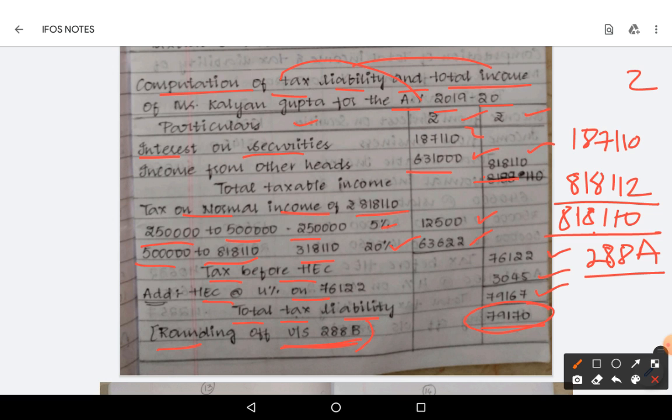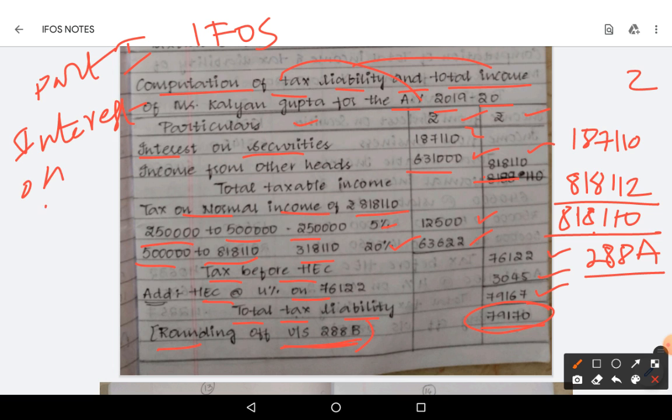So by this, part 1 of IFOS, income from other sources, part 1, interest on securities, I am ending. Interest on securities ends.